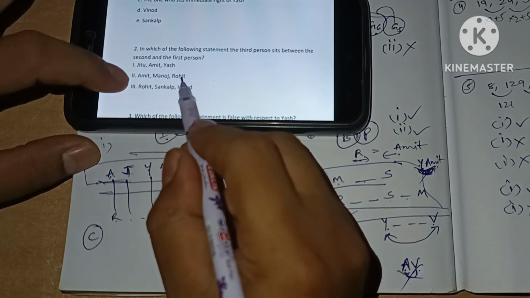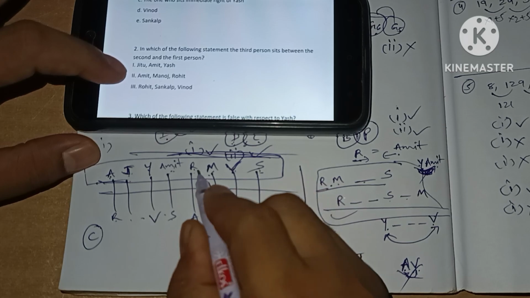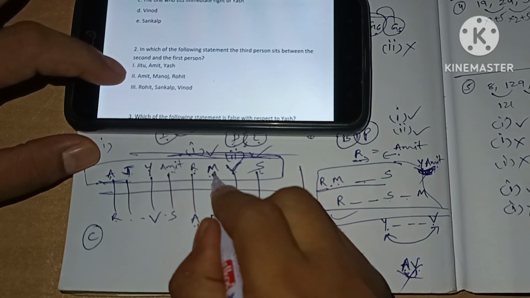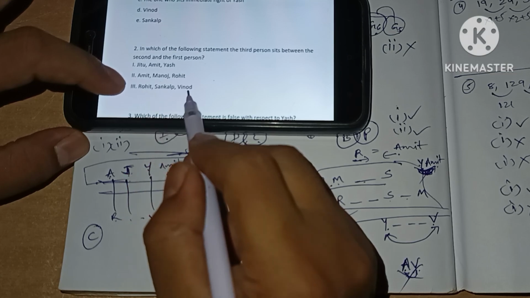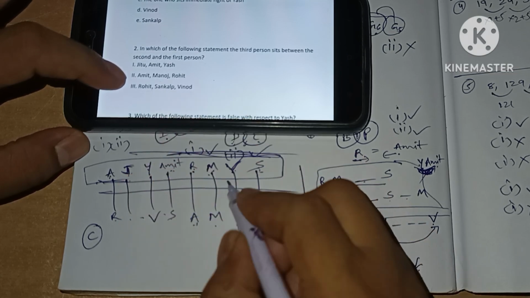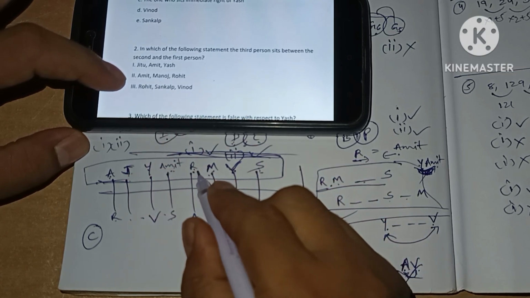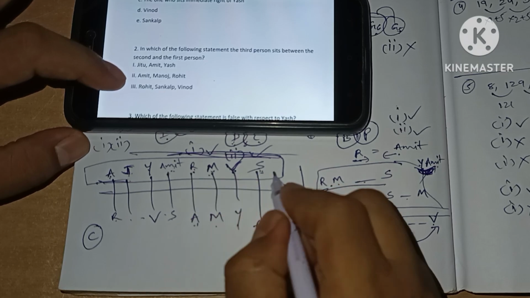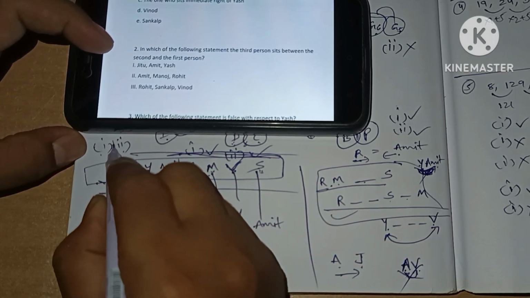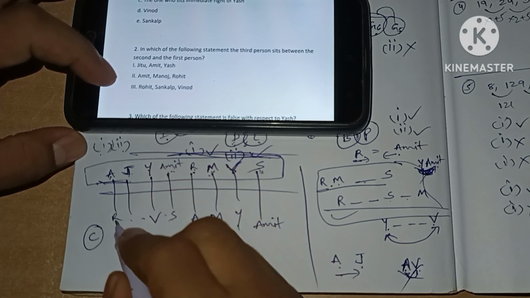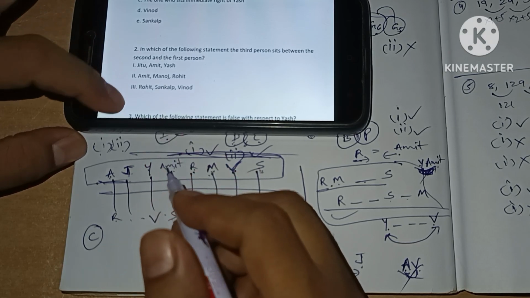Second, Rohit sits between Amit and Manoj. It is also true. Third, Vinod sits between Rohit and Sankalp. Vinod sits between Manoj and Sankalp, not Rohit and Sankalp. So 1 and 2 are our answers.